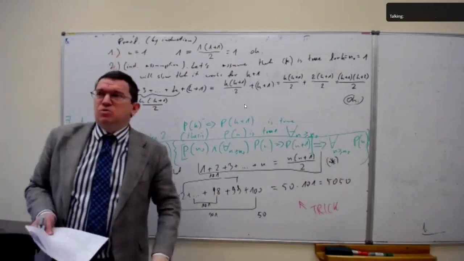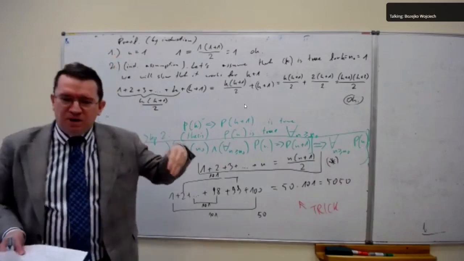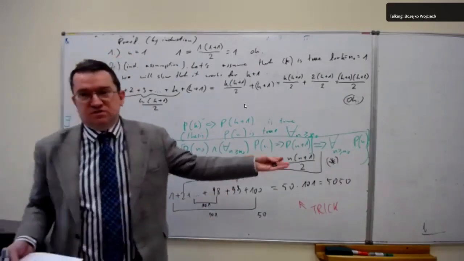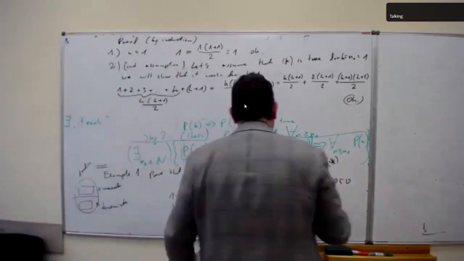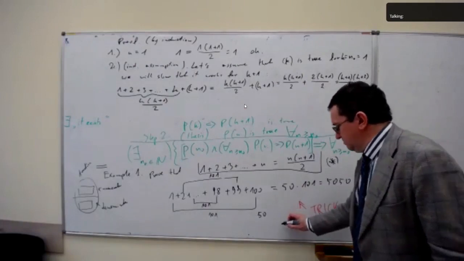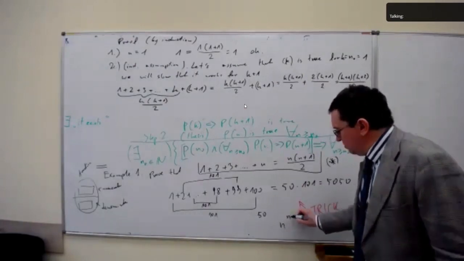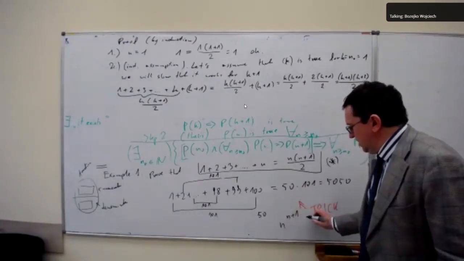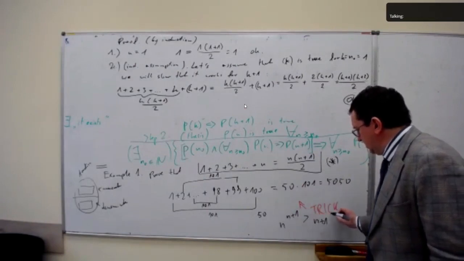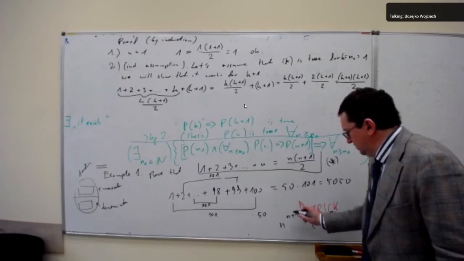Here this is 1. But for some equations, it works from some place, not necessarily from 1. Sometimes it can work from 7. For example, if we have an equation like n to the power of n plus 1 is greater than n plus 1 to the power of n.